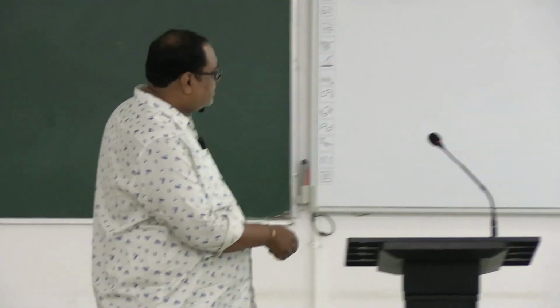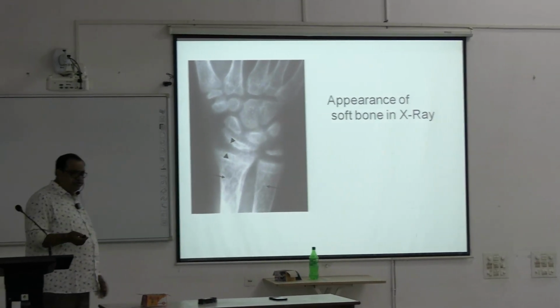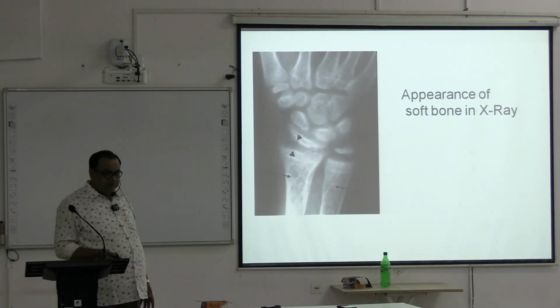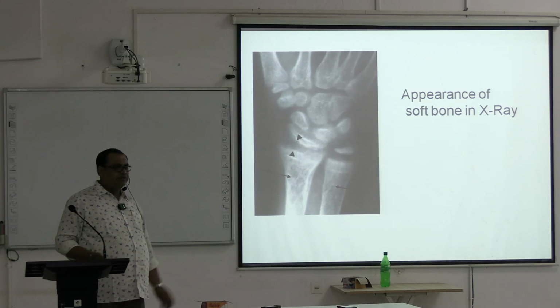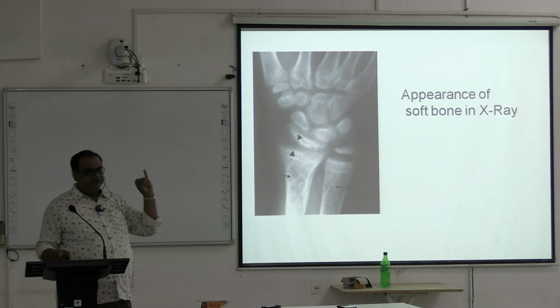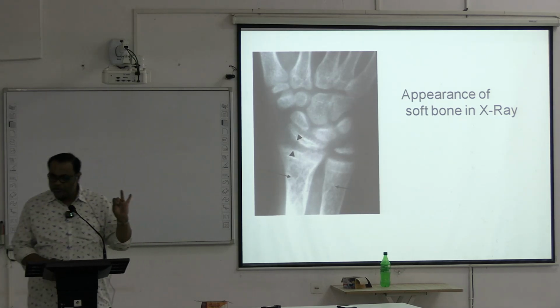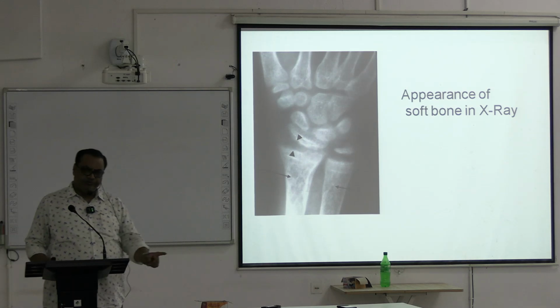So if it is small children, then it will be rickets, or in older people, it will be osteomalacia. But it should be supported by low serum vitamin D and low serum calcium, both should be low.